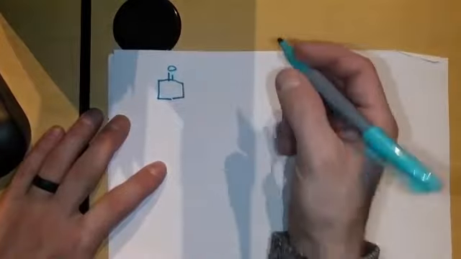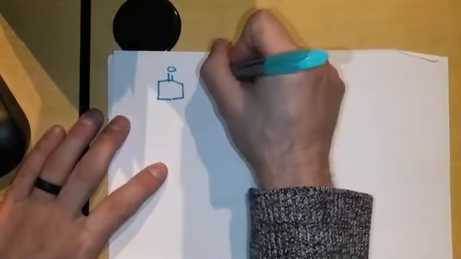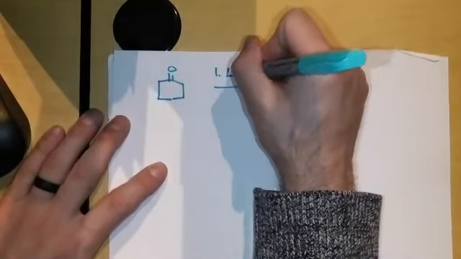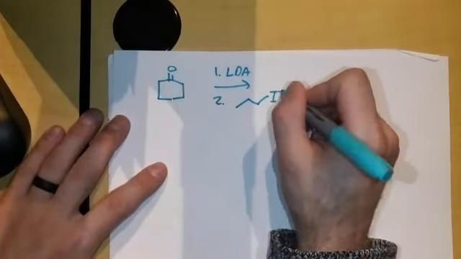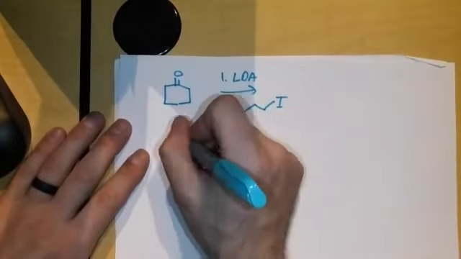Take a ketone or an aldehyde, throw in base, followed by some sort of haloalkane. We can make an enolate.